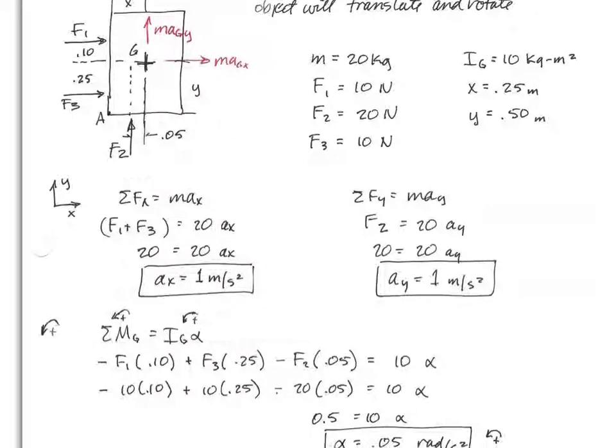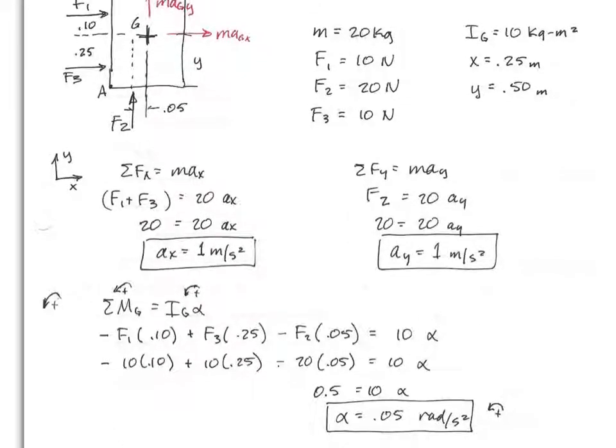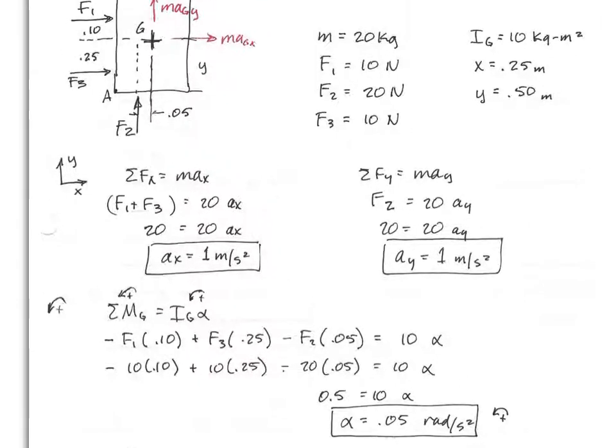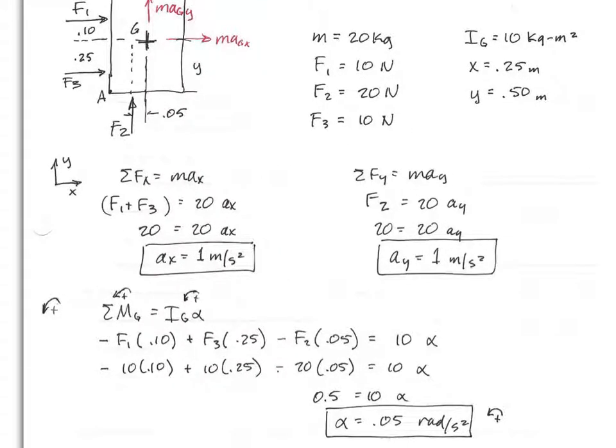Find out how much it rotates by summing the moments about G equals I_G alpha, and we can see that there's a force. This force right here is trying to make it go in that direction. And so if I call counterclockwise my positive direction, that makes this one a negative moment. And if I say that this one has this lever arm, it's trying to be in a positive direction, so that'll be a positive moment.